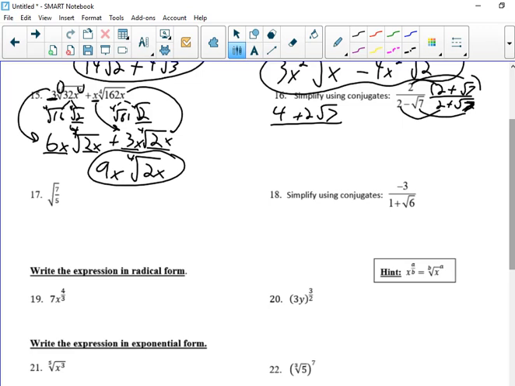Because if I do the inside and outside, they're going to cancel. 2 root 7 minus 2 root 7. So I literally just have to, and remember, this is always going to be a subtraction on the bottom. So 2 times 2 is 4. Root 7 times root 7 is just 7. So that is going to be 4 plus 2 root 7 over negative 3.